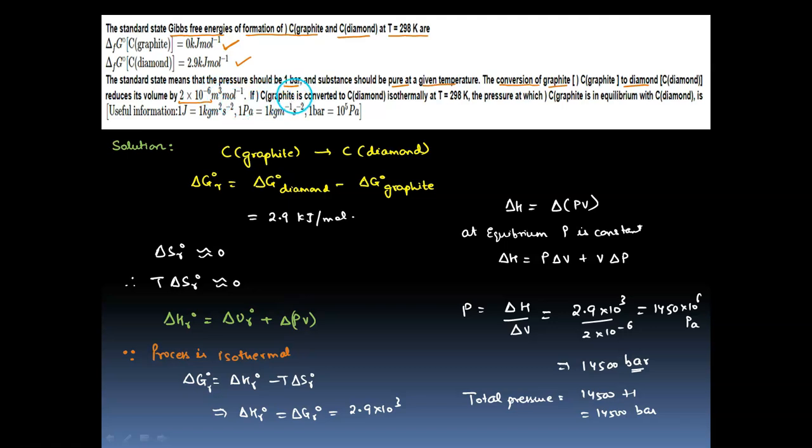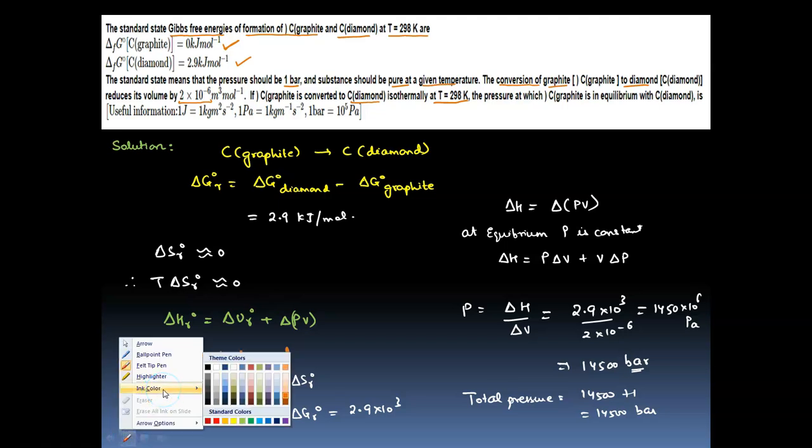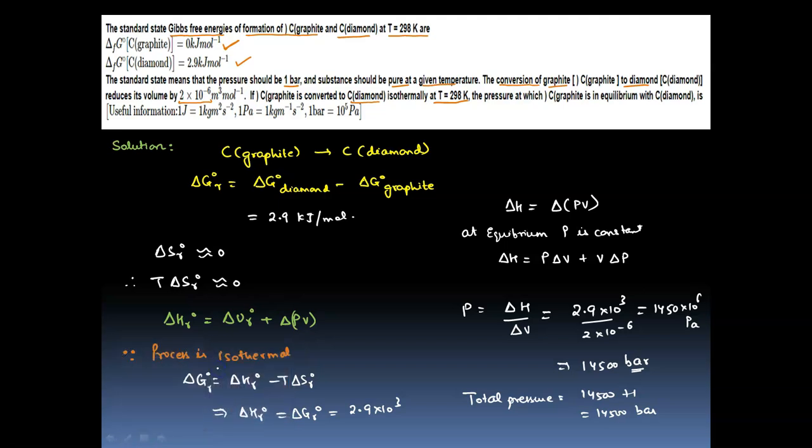If graphite carbon is converted entirely to diamond isothermally at 298 Kelvin, we need the pressure at which graphite is in equilibrium with diamond. So we are talking about a transition of allotrope of carbon, from graphite into diamond.